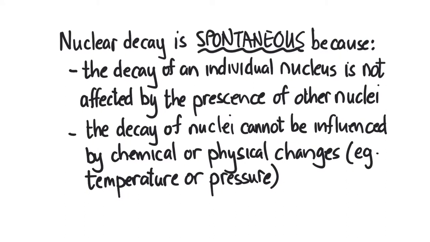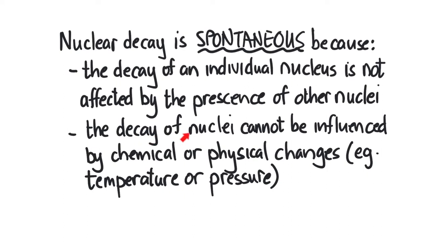It's critically important to note that nuclear decay is spontaneous, and it's spontaneous because the decay of an individual nucleus is not affected by the presence of other nuclei. So the decay of a specific nucleus is independent of the nuclei around it.